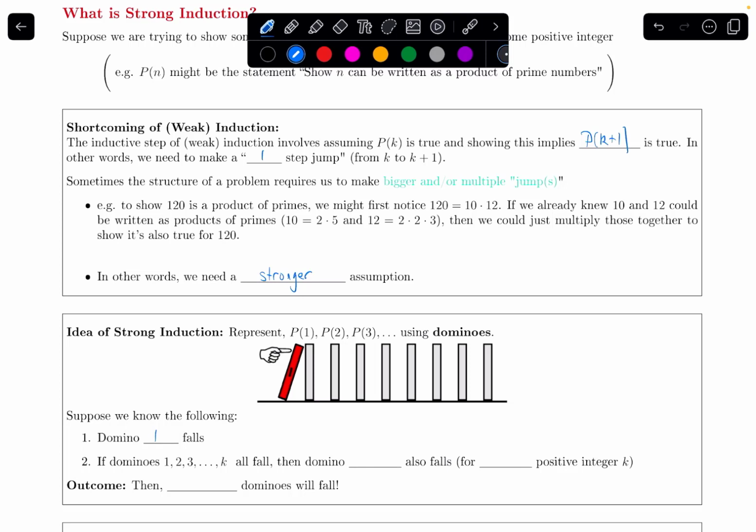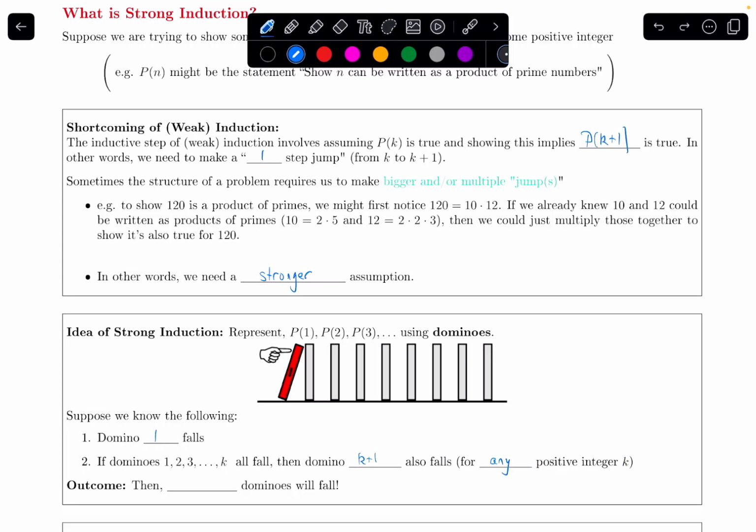Now, instead of just assuming that domino k falls and showing that that means the next one falls, I'm going to assume that if dominoes 1, 2, 3, all up until k all fall, then the next one falls. Okay, so if the first k fall, then domino k plus 1 will also fall. So I'm going to assume that that is true for any arbitrary positive integer k.